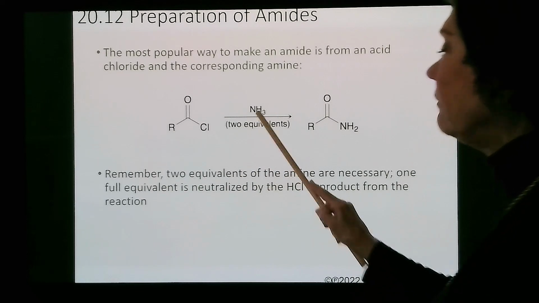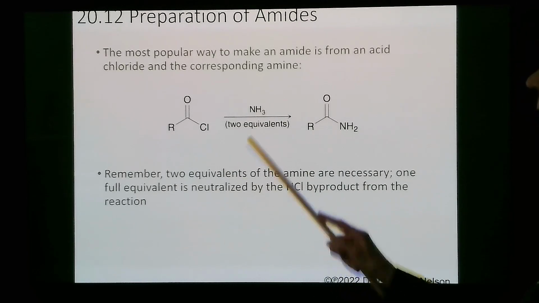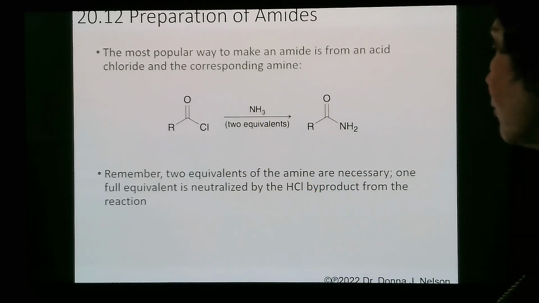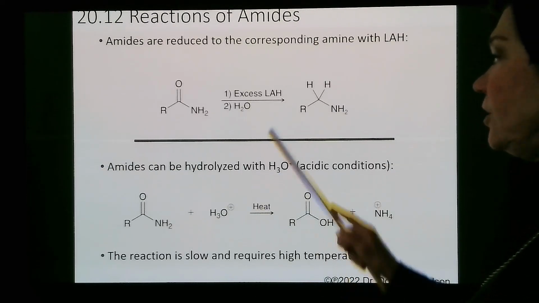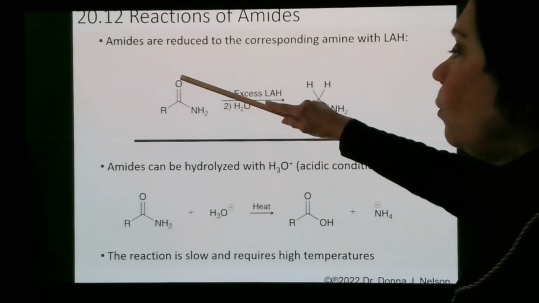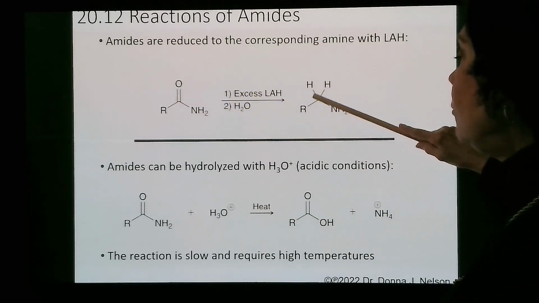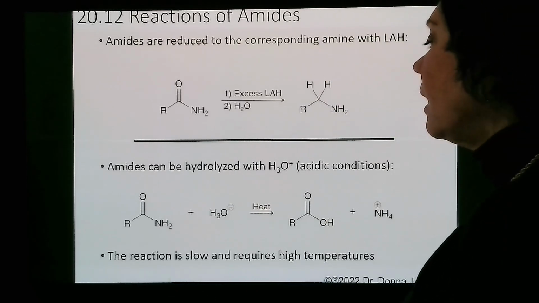And the second equivalent of the ammonia will be used just to pick up the HCl and neutralize the HCl and be able to remove it from the reaction. Excess LAH will once again convert the carbonyl to the methylene, just as you've seen before.